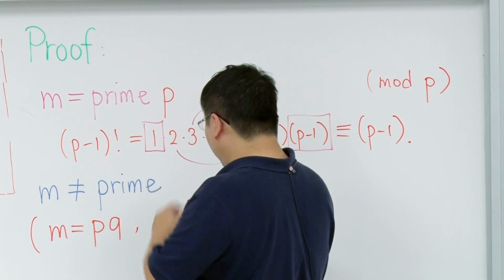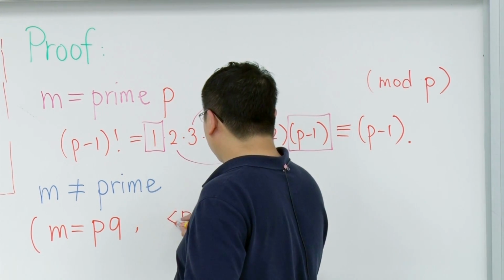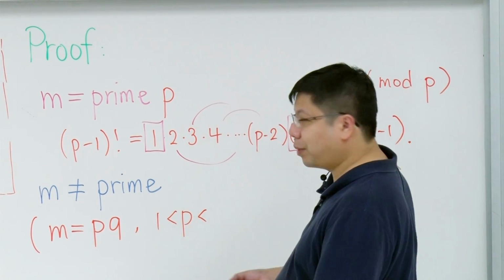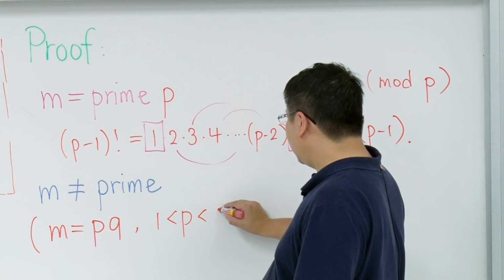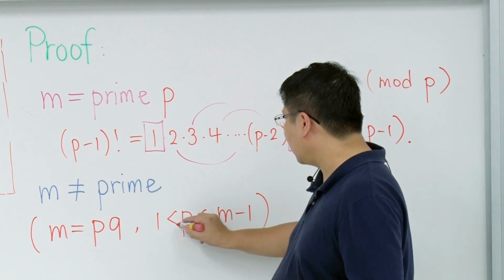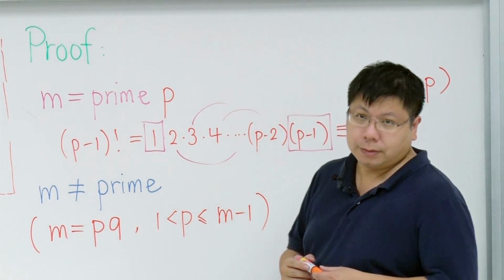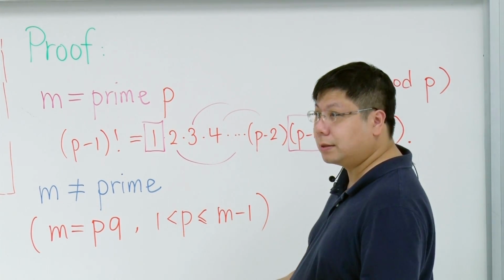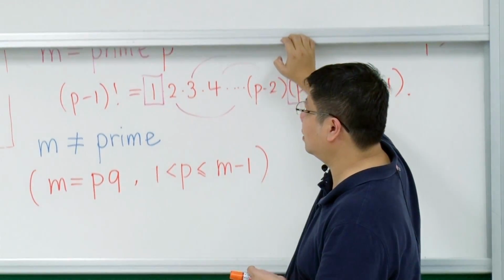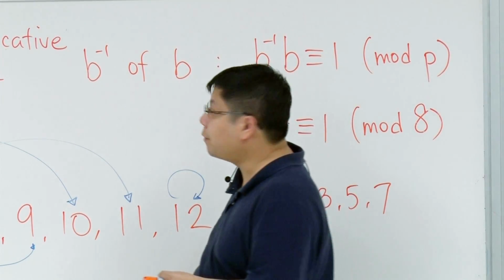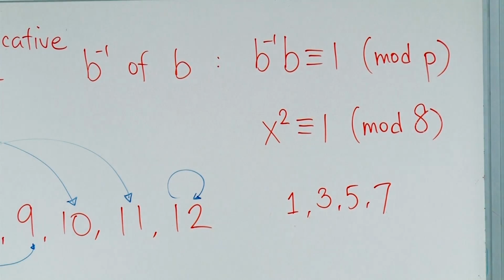So we have some p which is greater than 1 and less than m minus 1. This p, you can think of it as a prime or any number that is less than m minus 1. Is that okay? So what happens in this case? In this case, we are going to show that we will arrive at a contradiction.